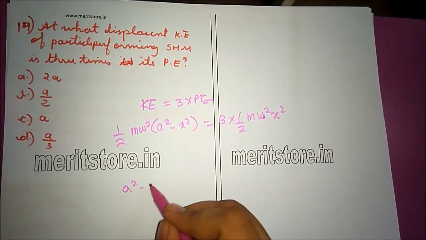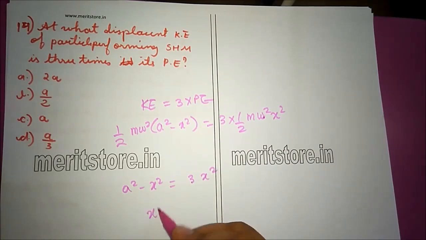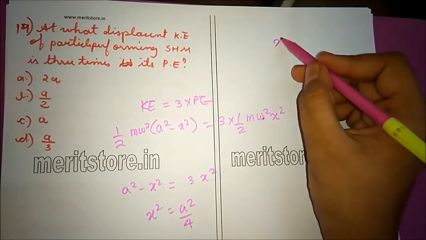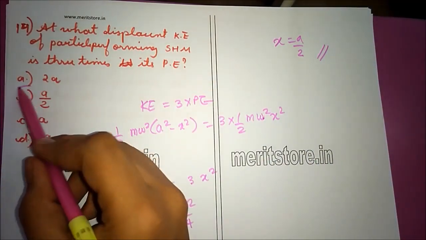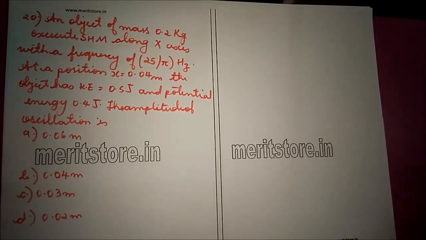So a square minus x square is equal to 3x square. So x square is equal to a square by 4. Value for x is equal to a by 2. So option B, a by 2 is the correct answer.